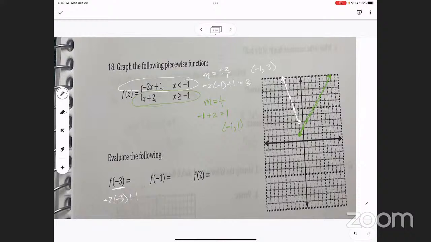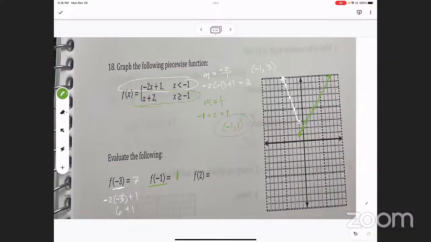Oops, I put a -1. -3. -2 times -3 is +6. 6 plus 1 is 7. How about this next one? Where is -1 defined? White or green? Which one should I plug that into? Green, because it says equal to, right? And we already found that, didn't we?